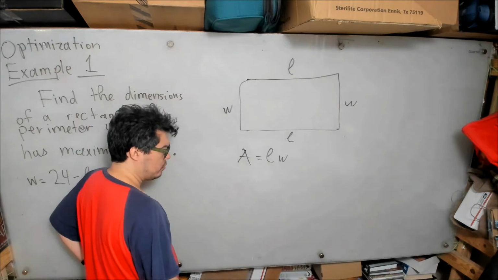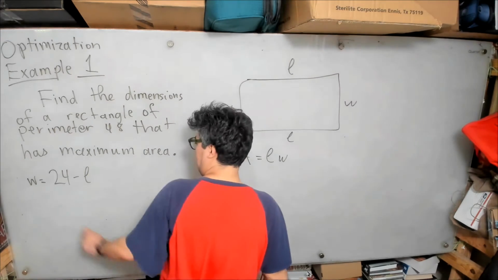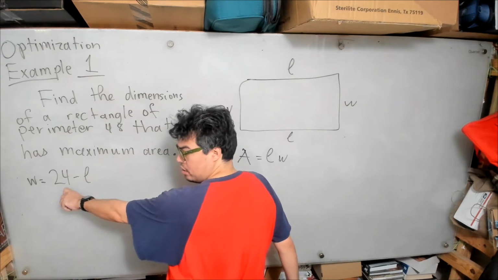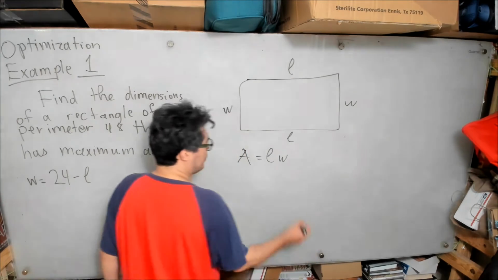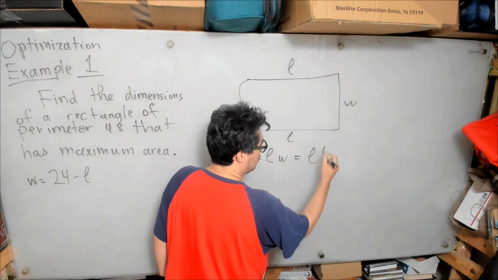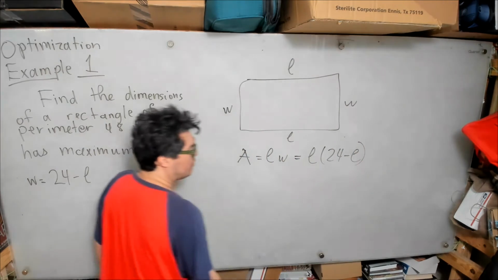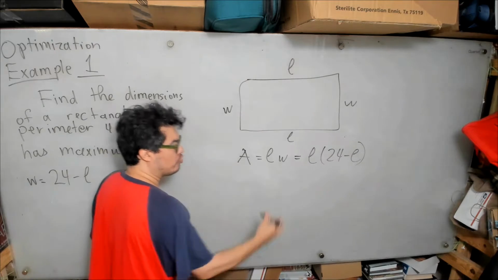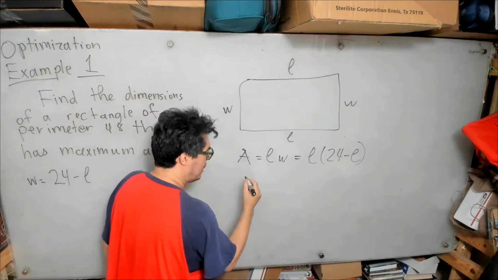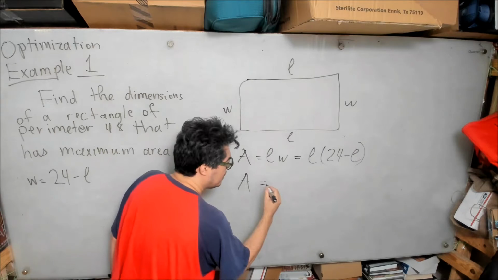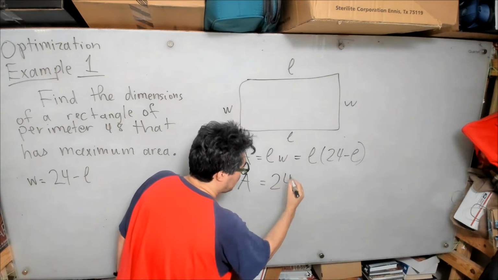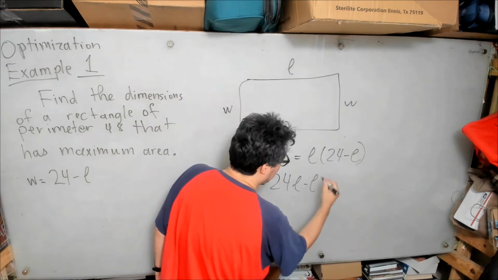And so here we can replace the width with 24 minus L. So this is going to be L times 24 minus L, and we can distribute this L, and we get that the area is equal to 24L minus L squared.